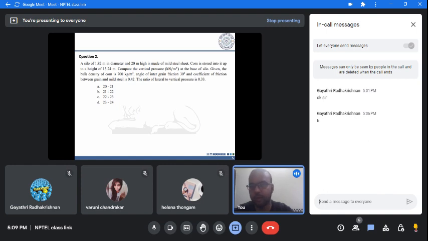You are given different information here: the silo diameter, the silo height, and the corn stored up to 15.24 meter. The corn density is 700 kg per meter cube. Then the coefficient of friction is 0.42. Then the ratio of lateral to vertical pressure is 0.33. So you need to find out what will be the vertical pressure.